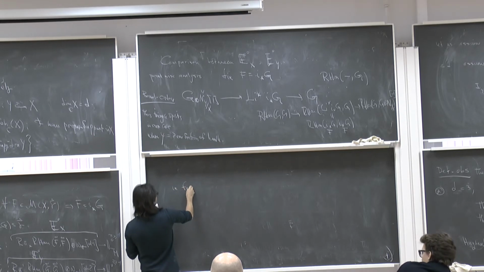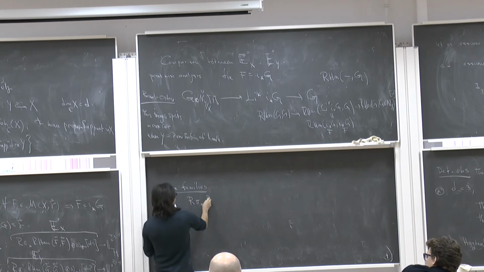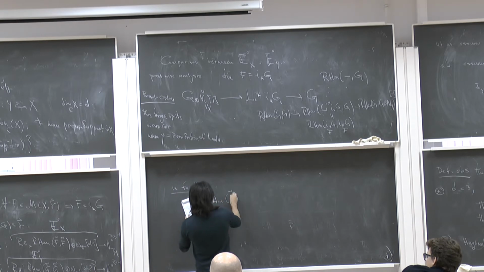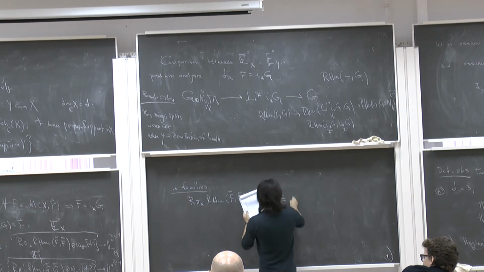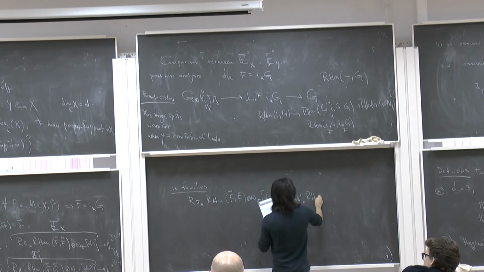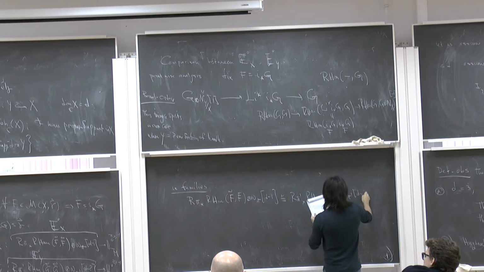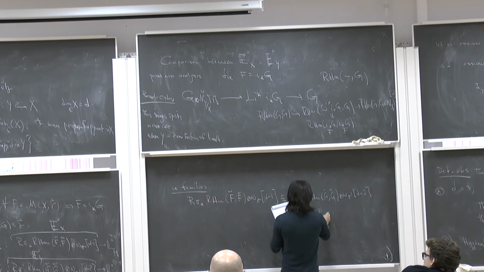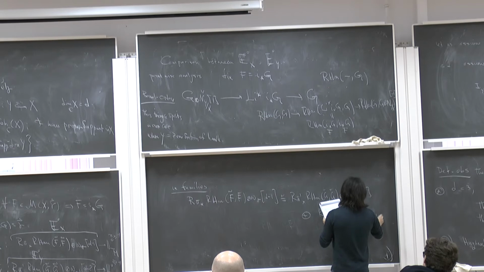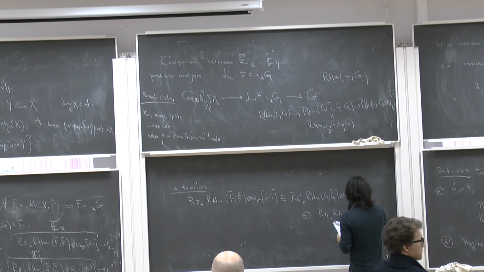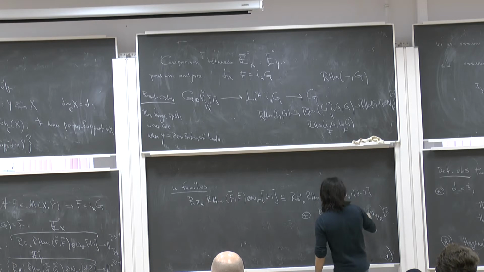So in families, we will get something like R pi over star, R Hom F tilde, shifted by d minus 1, becomes isomorphic to R pi prime over star R Hom G tilde, omega pi prime d minus 2, direct sum R pi prime over star R Hom G, tensor normal bundle Y, and pullback d1 upper star normal bundle Y shifted by, sorry, so this should be actually here. Oh, I will fix it.